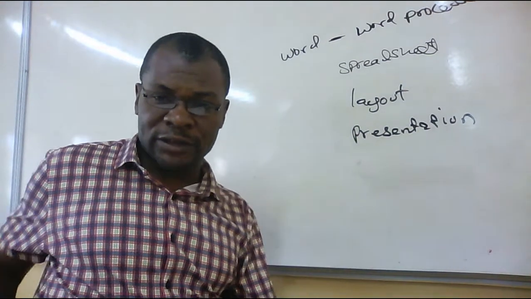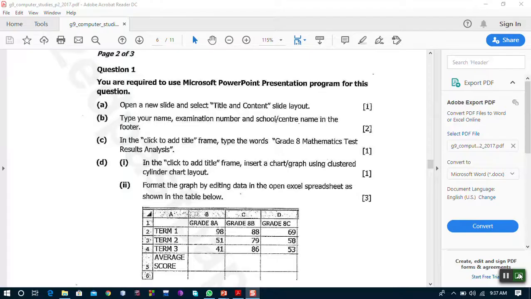This is the paper we are going to look at step by step, so that we can see how the Examination Council of Zambia prepares questions. The first thing they are saying, open a new slide and select title and content slide.